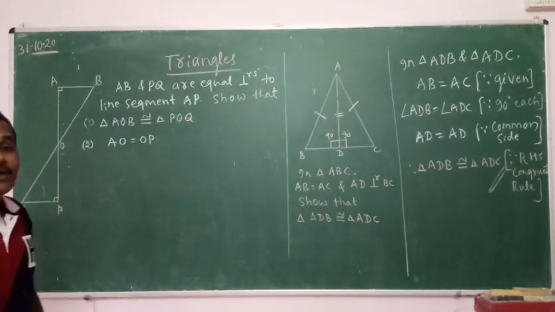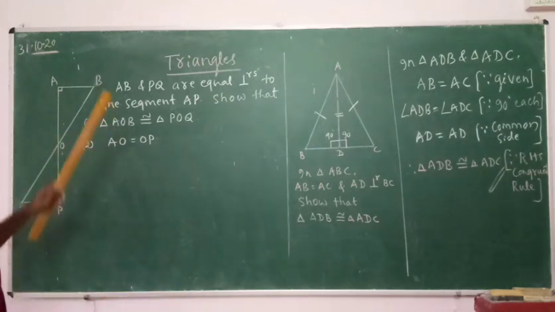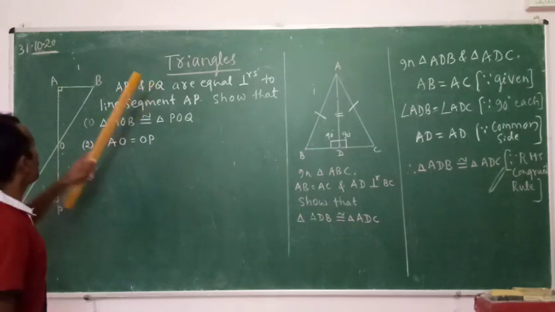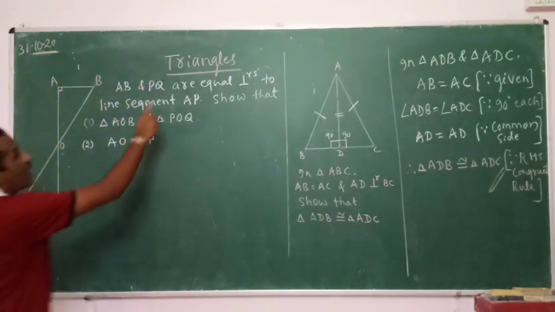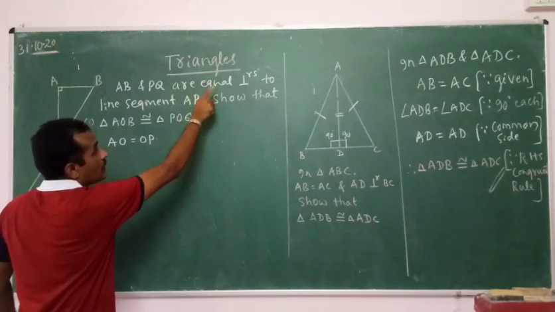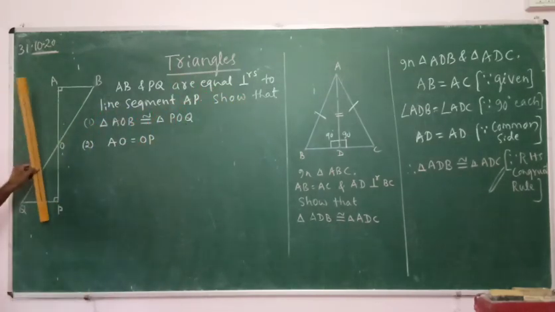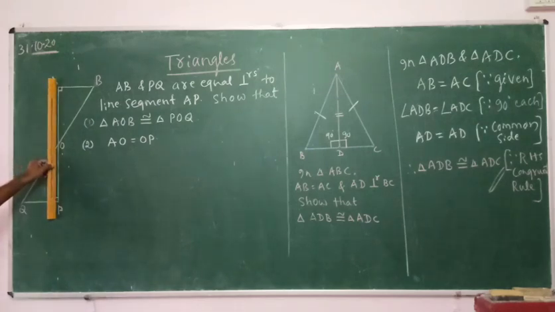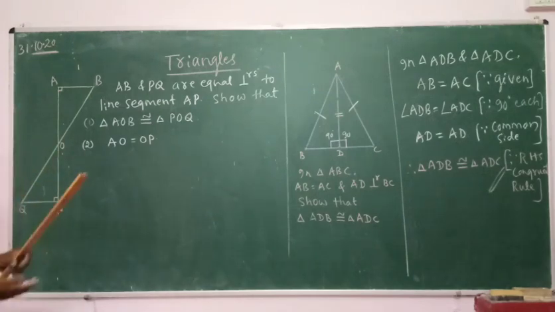First read the problem well. Understand what are the given things. AB and PQ are equal and perpendicular to the line segment AP. They say these two are equal and also they are perpendicular.